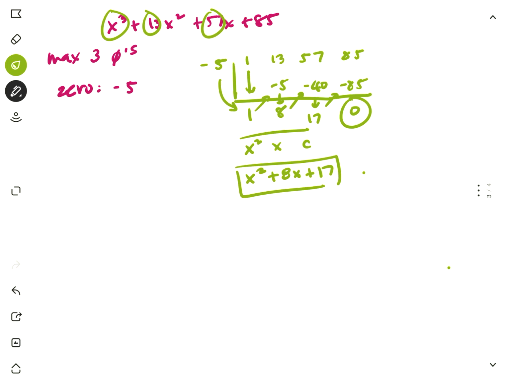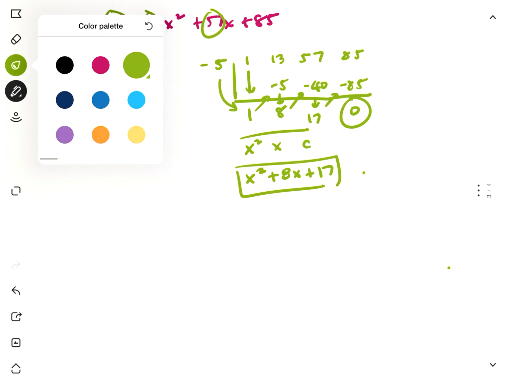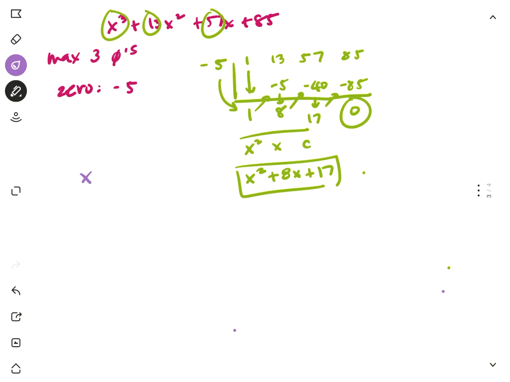For this next part, it's a little bit harder to solve because it's not factorable, and we can't just solve it algebraically. So we're going to say, like we did last time, x squared plus 8x plus 17 equals 0. Because we can't factor and can't solve it algebraically, we're going to have to use the quadratic formula.